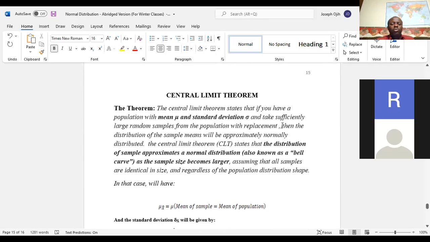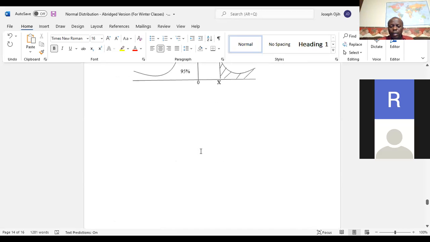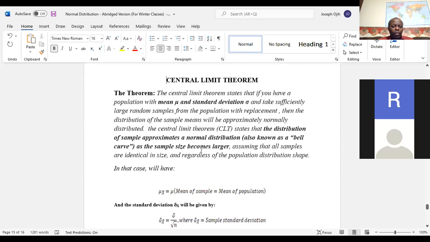The central limit theorem says that if you have a population mean of mu, well, I know you guys can read, so I will leave that for you to read. But what it is trying to say here is that as the sample size increases without limit, the sampling distribution becomes normal. Say you have a non-normal shape, it changes to this normal shape as the sample size increases.